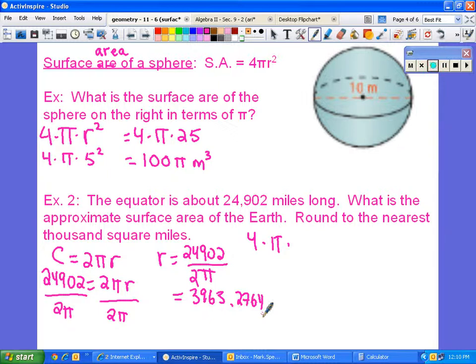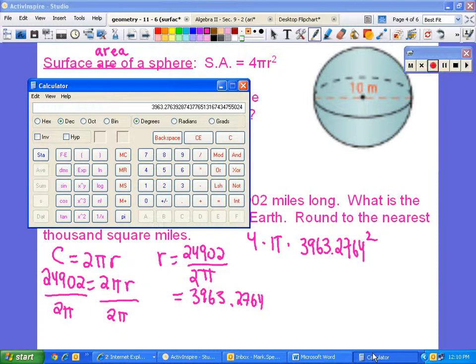So now we have 4 times pi times 3963.2764 squared. Again, just plug this into your calculator. And you get 197,387,017.